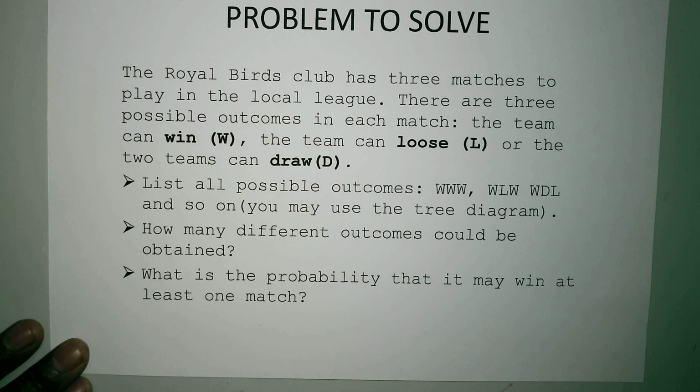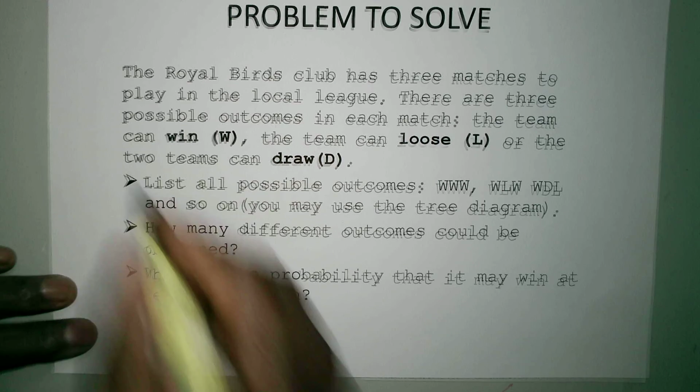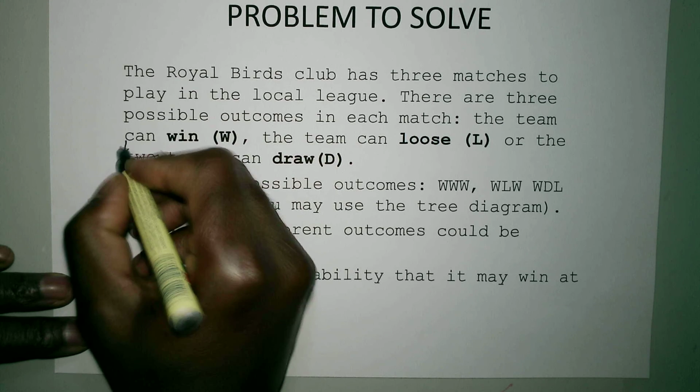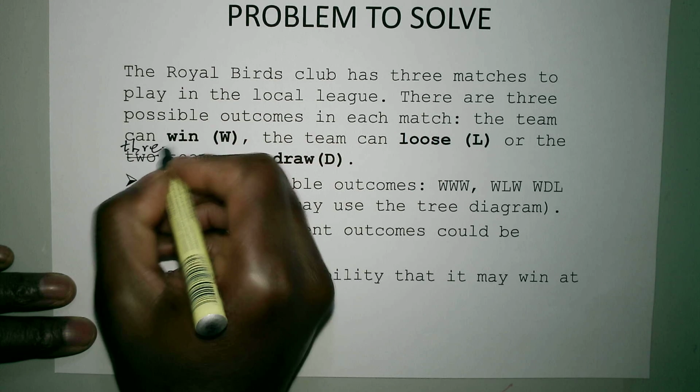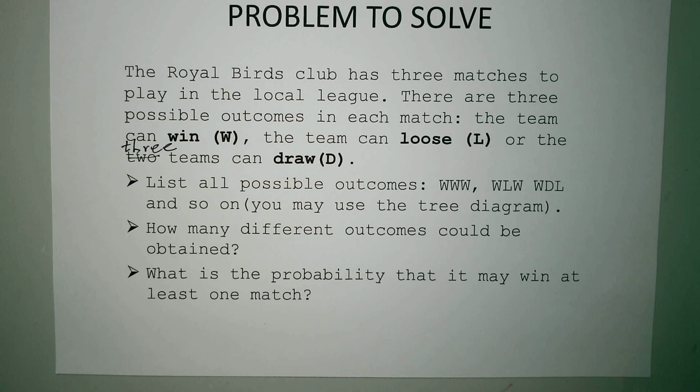The team can win, the team can lose, or the 2 teams can draw. The 3 teams, because there are 3 matches, can draw.